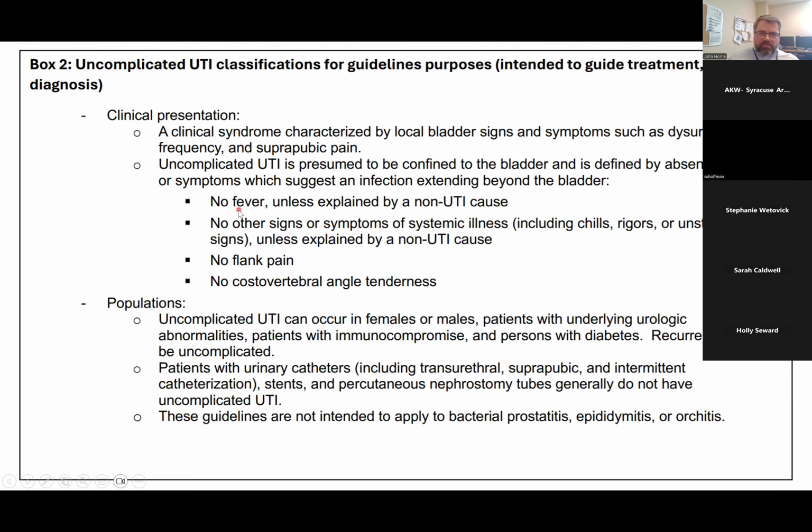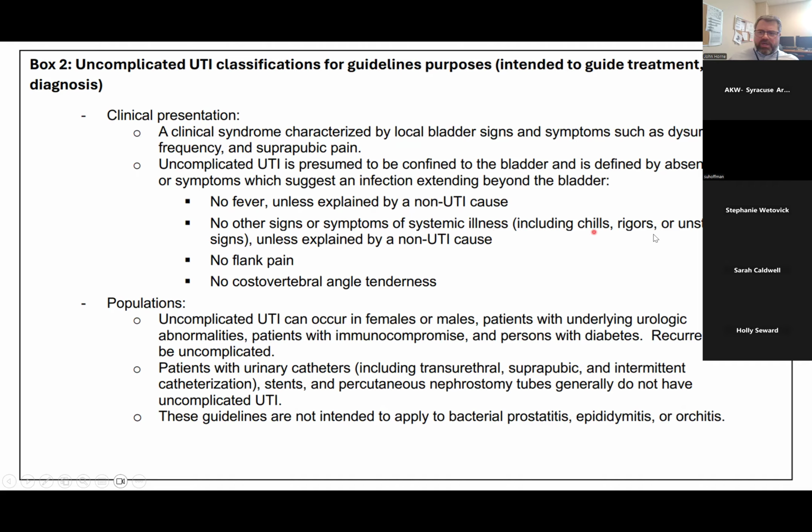No fever, unless it's from something else, like a non-UTI cause. So if a patient comes in having fever from withdrawing from alcohol, or fever from pancreatitis, or something else, you wouldn't automatically say that their urinary tract infection is complicated.